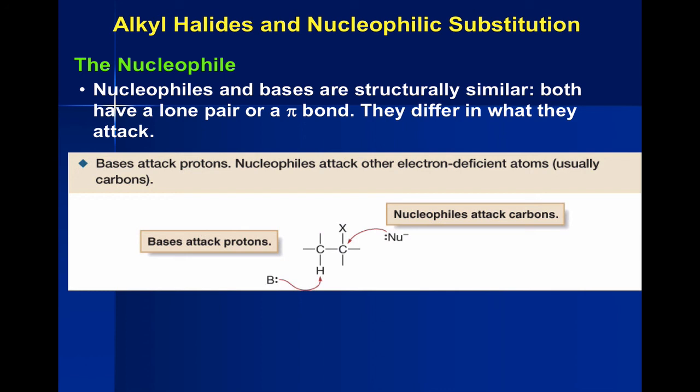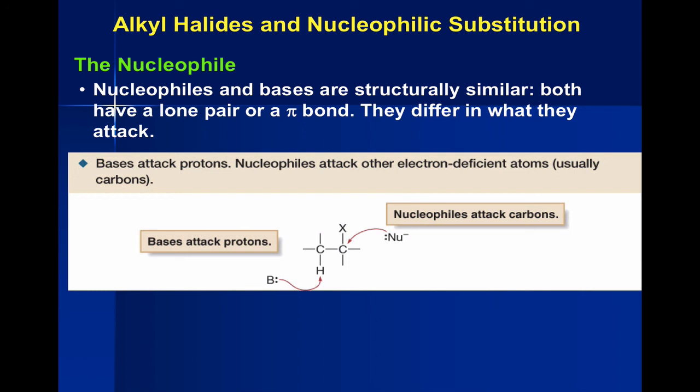Okay? So we know that in these nucleophilic substitution reactions, we have to have a nucleophile. What separates a base from a nucleophile? Both have lone pairs, but a base attacks a proton, not carbon, right?